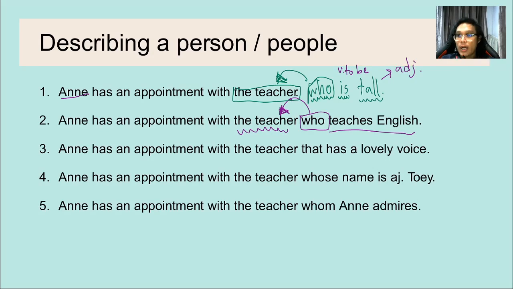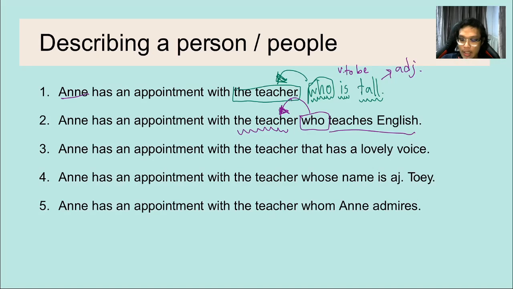Or if you want to describe an action that the person does, you can use a verb to describe the person. You don't have to always use a verb to be with an adjective clause, but you can use an action verb as well. For example, in the second sentence we use an action verb instead of a verb to be.